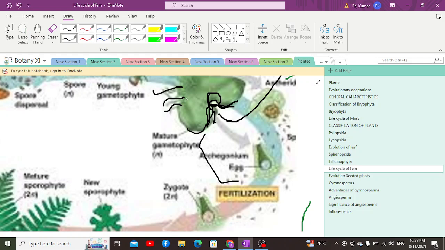Within the archegonia, fertilization occurs.